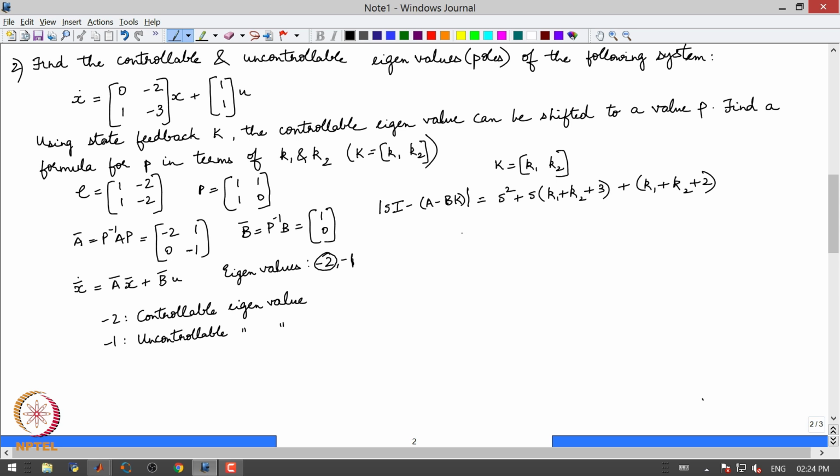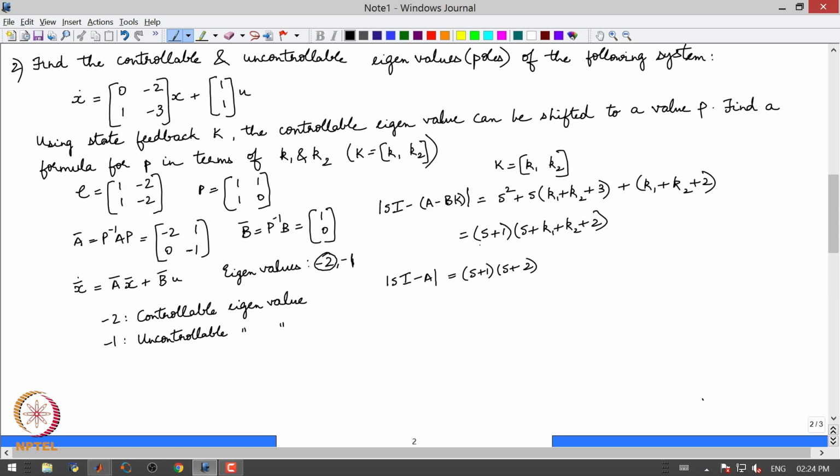Now, if you observe, this can be written as (s plus 1) into (s plus k1 plus k2 plus 2). The original characteristic equation det(sI minus A) will be (s plus 1) into (s plus 2), because minus 1 and minus 2 are the eigenvalues.